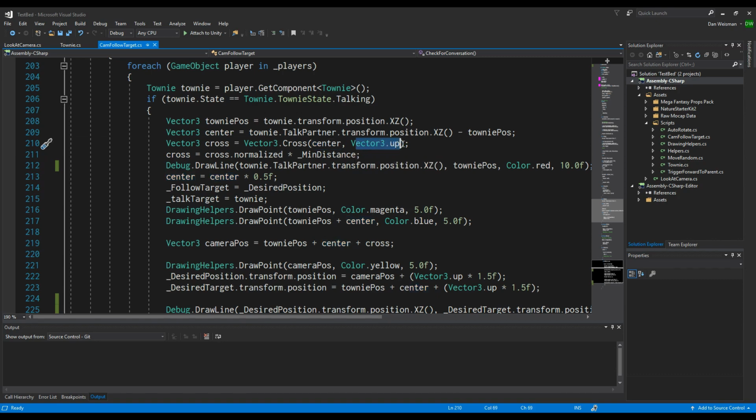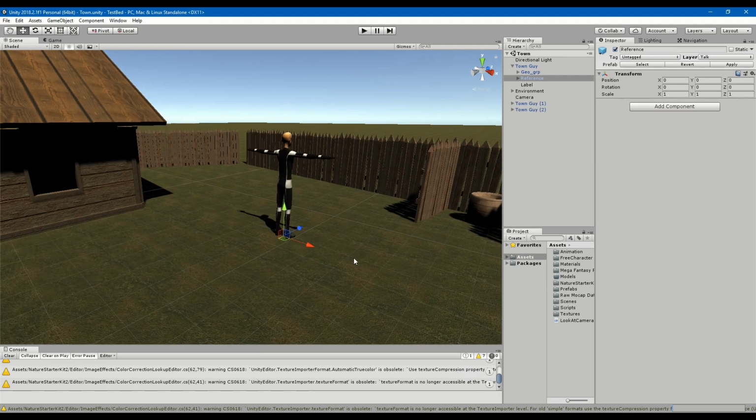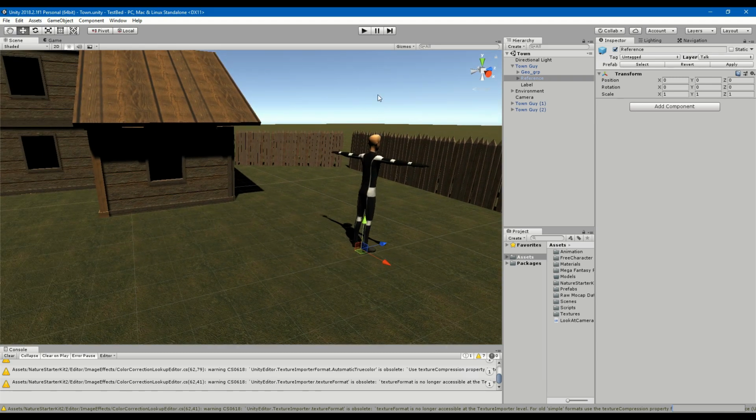and the up vector. So if you imagine what this looks like, this is our scene, and I'll just use these axes as an example of the cross product. If this red line is the line between the two characters, and this up vector is pointing straight up, then the cross product is this blue one. That's how the math works.